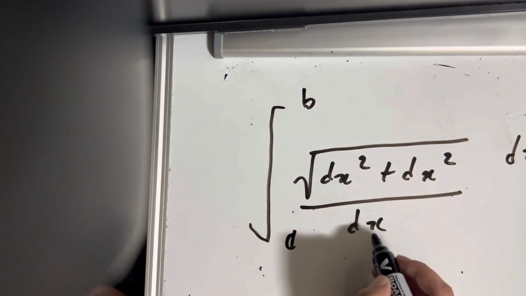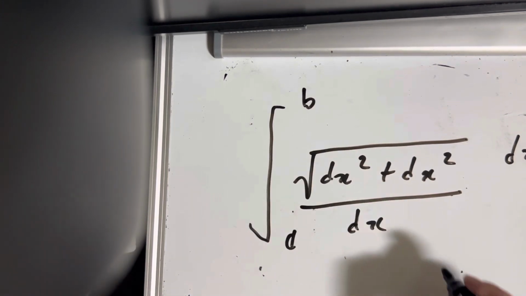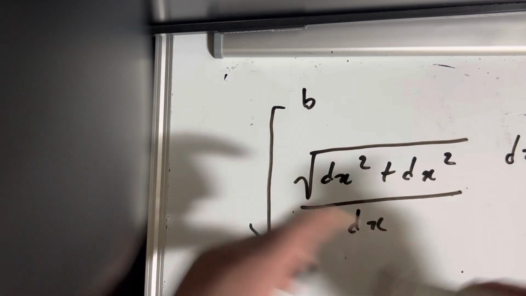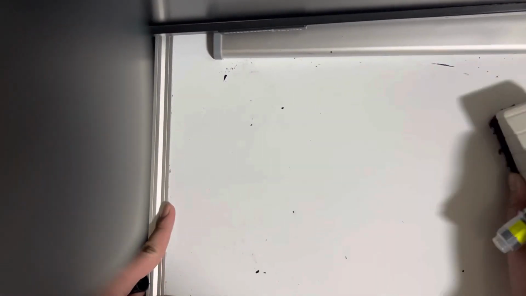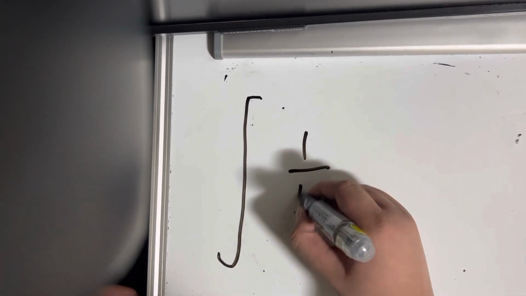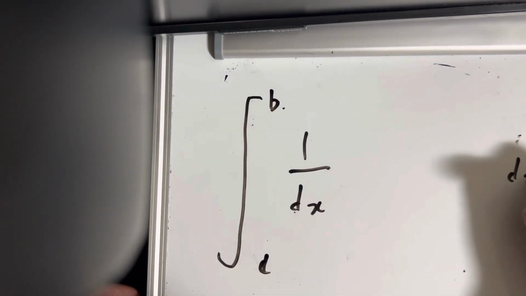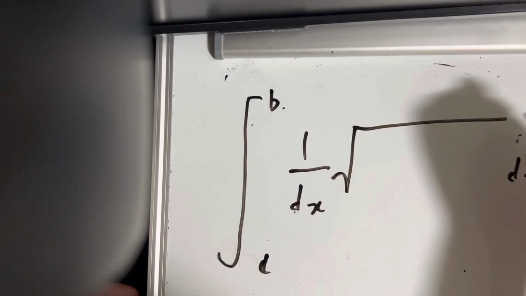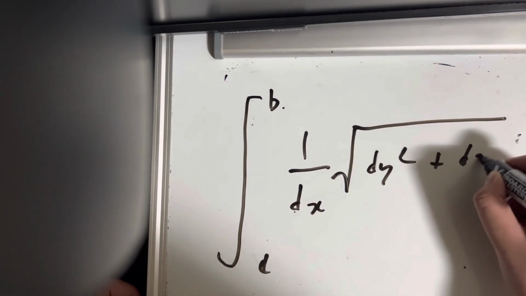So we need to see how this actually gets in here. We can put this inside the square root to make this even better. I'm just going to rearrange some things. So this is going to be 1 over dx at the side here, square root of dy squared plus dx squared.